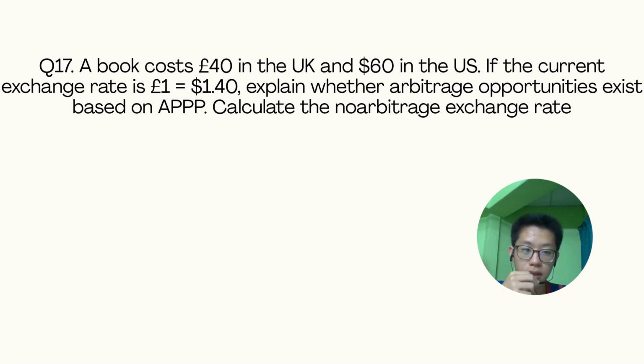The buyer can purchase the book in the UK for 56 US dollars and sell it in the US for $60 and make a profit of 4 US dollars, so an arbitrage opportunity exists when the exchange rate is 1.5 US dollar per pound. The exchange rate and the price will equalize, and the arbitrage will no longer be possible.